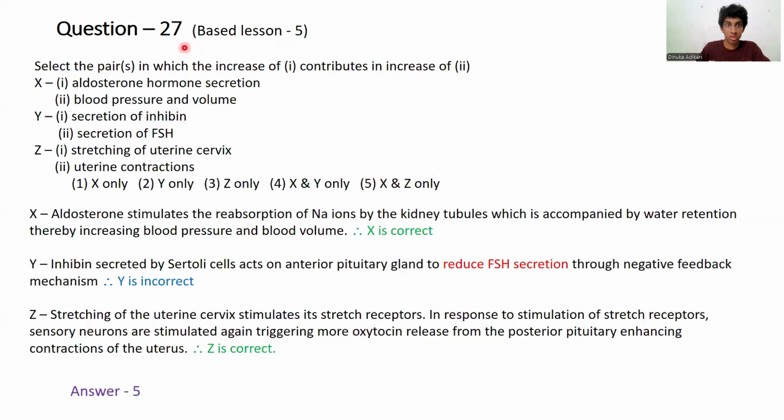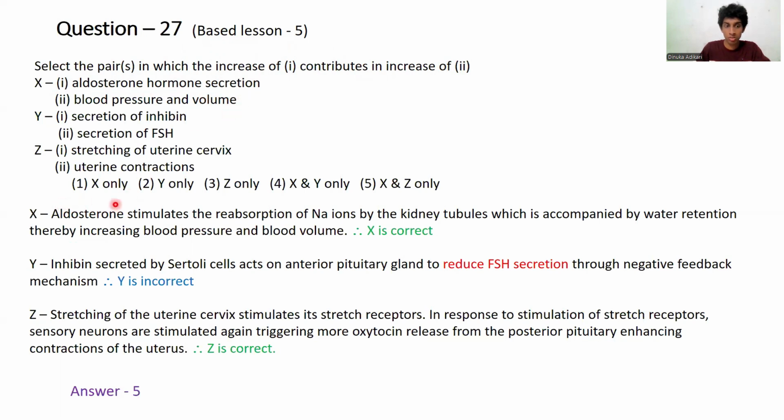Question number 27. It is based on the fifth lesson. Select the pair of pairs in which the increase of 1 contributes to the increase of 2. X. 1. Aldosterone hormone secretion. 2. Blood pressure and volume. So what happens when the aldosterone hormone is secreted?